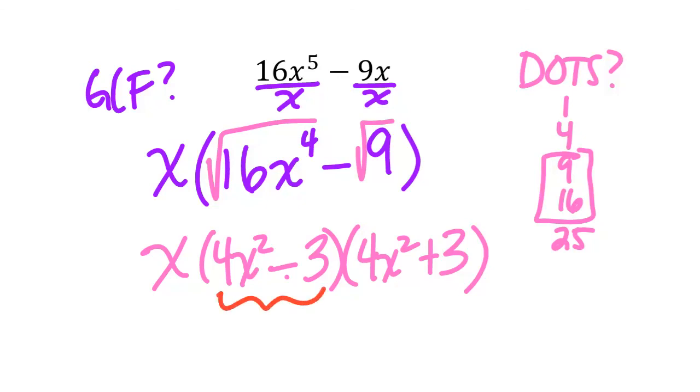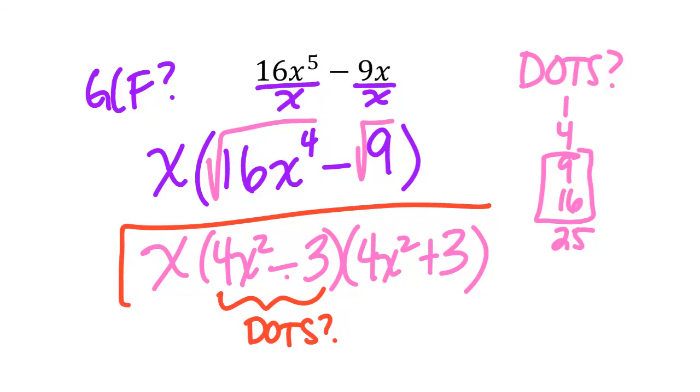This was the subtraction one, so do I still have dots? No. Why not? 3 is not a perfect square, yes. You got it? Okay. So the 3 again is not a perfect square, so you're finished because you don't have a difference of 2 squares, and you can't do anything else.